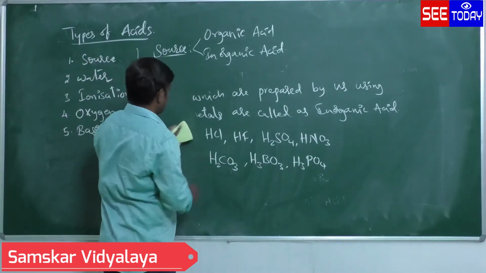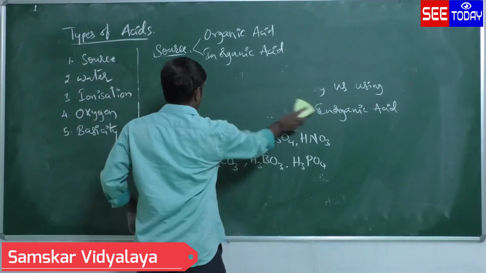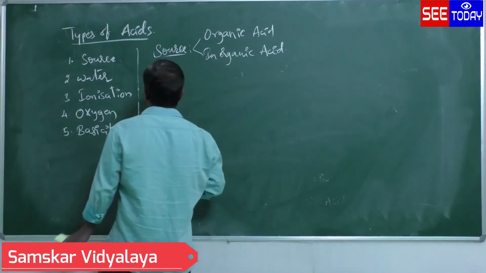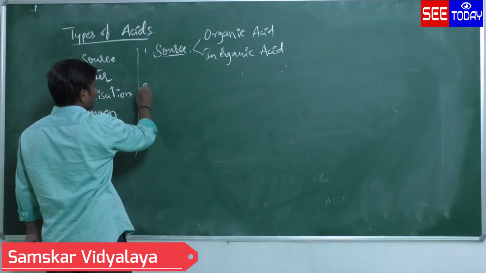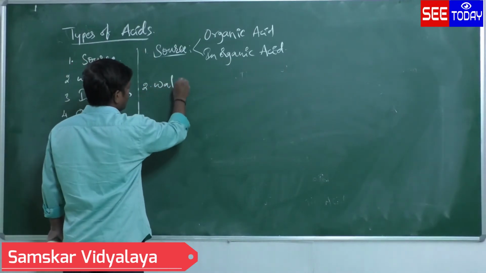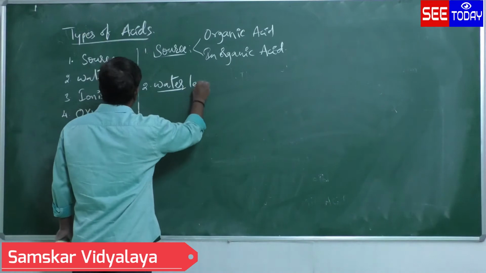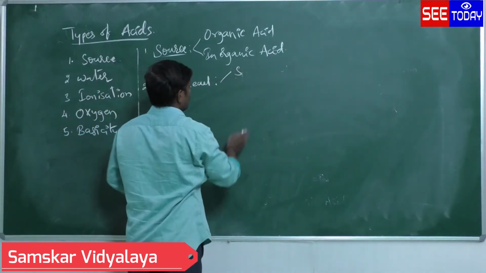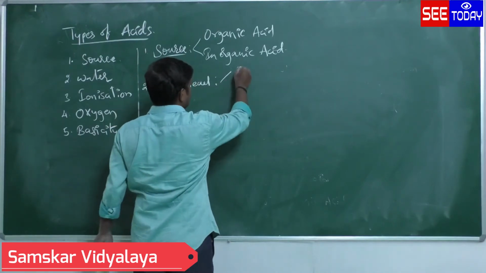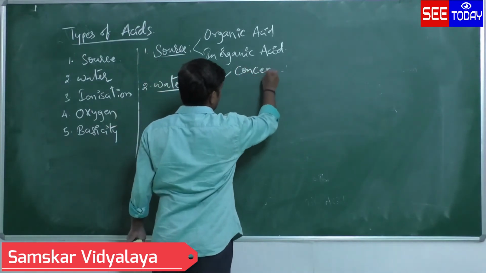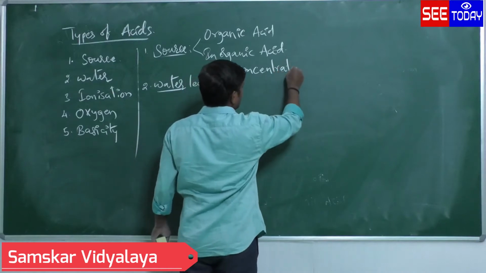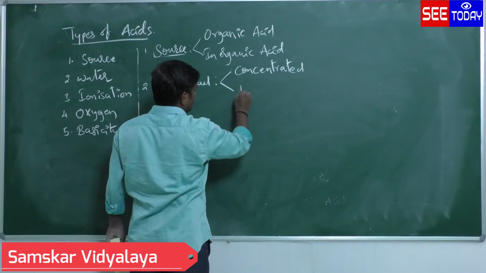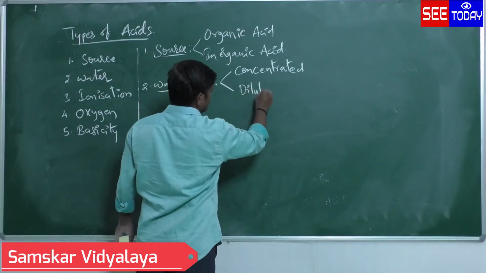Okay. Next, let us discuss one more type, based on water level. Second one, based on water level. Based on water level, these acids are divided into two types. One is concentrated acid, or concentric, and another one we call dilute.